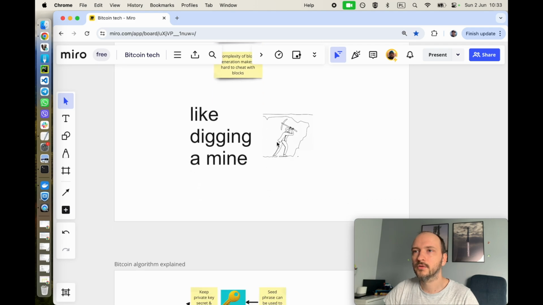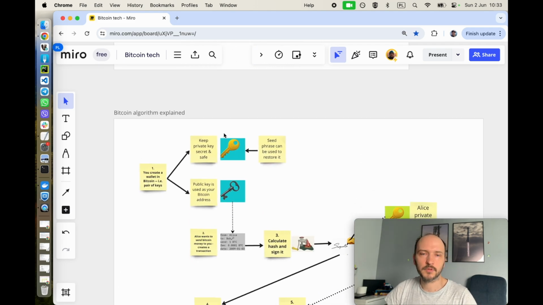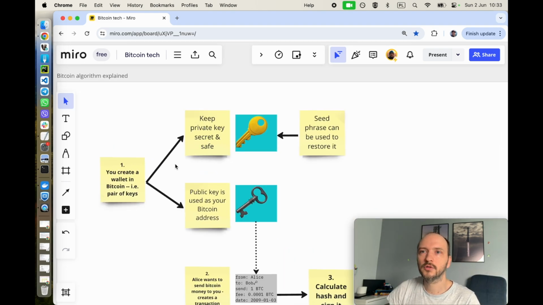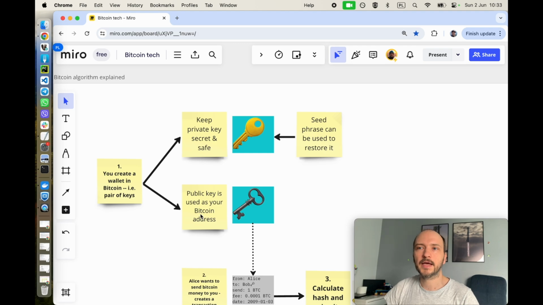Okay, so that's the first technology, and now let's look at the entire Bitcoin algorithm, how it works on a high level. So it starts with somebody creating a wallet in Bitcoin, and a wallet is basically a pair of keys, a private key which is kept secret, and a public key which serves as an address.